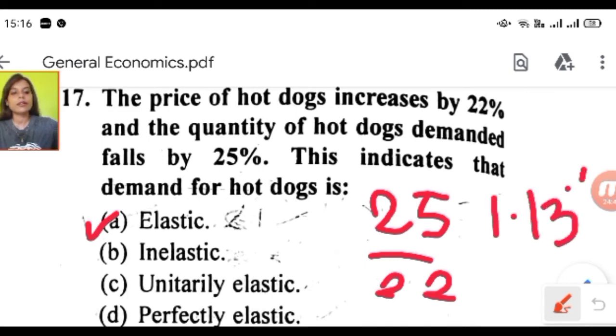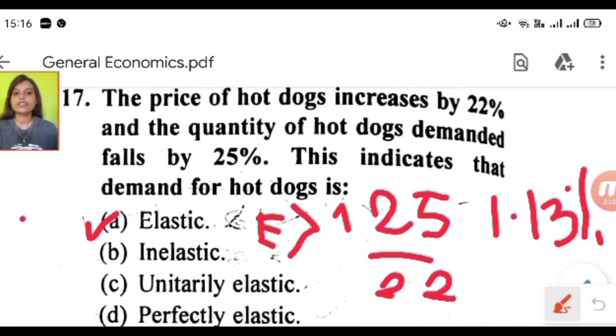So we can conclude that E is greater than 1, and hence we consider number A, elastic, to be the correct option.